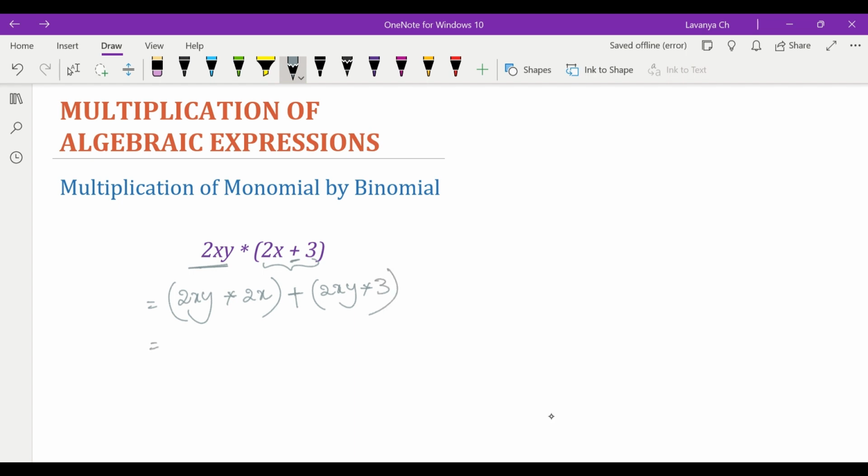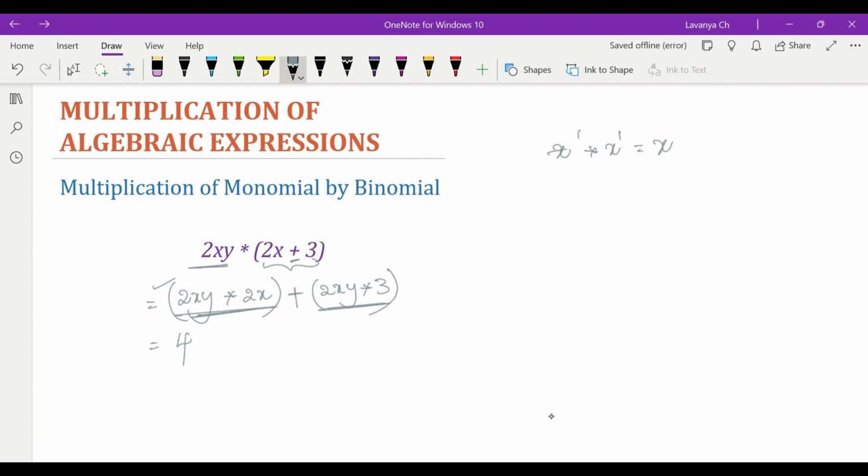So now it is nothing but multiplication of two monomials here plus multiplication of two monomials. We just looked into how to do this multiplication. So first multiply the numerical quotients, 2 into 2, that is 4, x into x. So again x into x is nothing but x power 1 into x power 1.